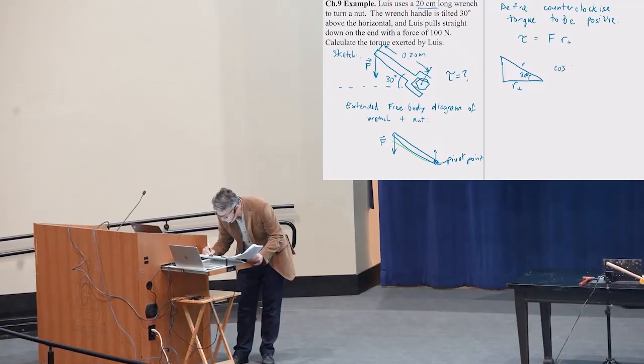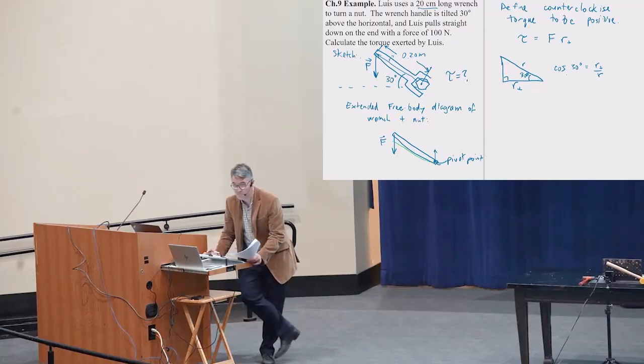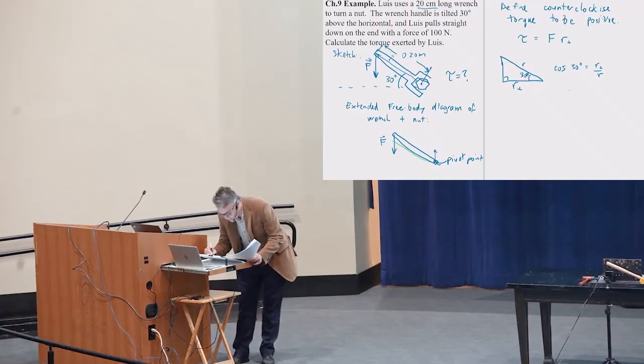Cosine of 30 degrees is equal to R perpendicular over R. This is why it's really important to draw a diagram for these things, because this 30 degrees is not actually the angle between your R vector and your F vector. I think 60 is probably that one. So we're going to use cosine instead of sine here, but that's okay.